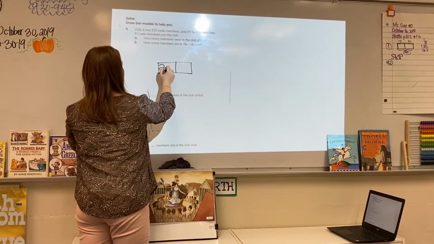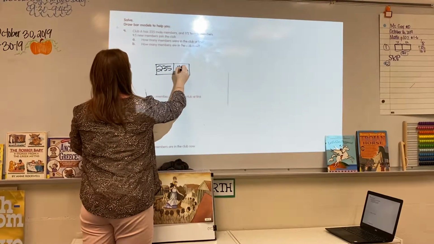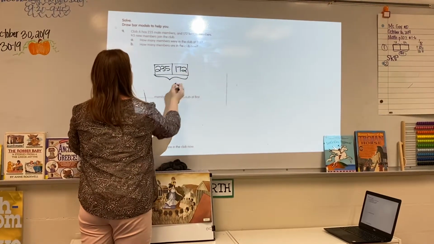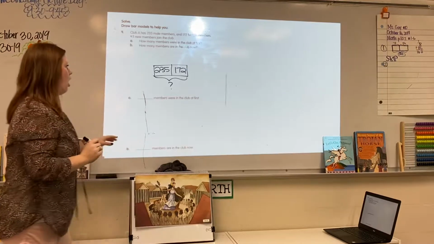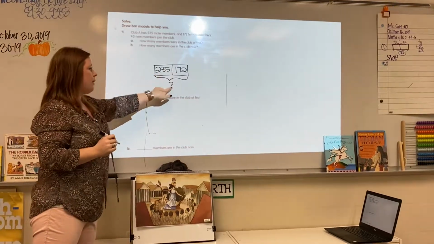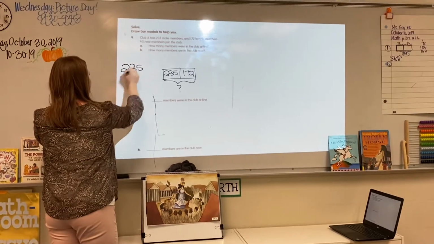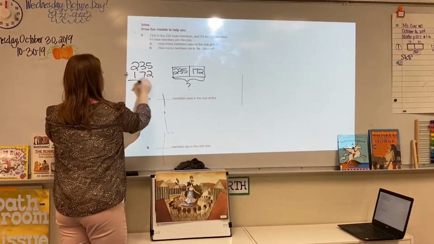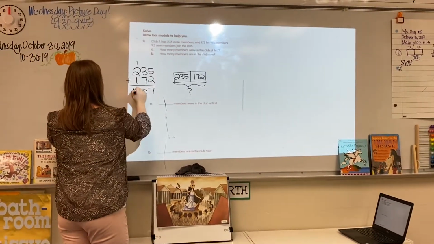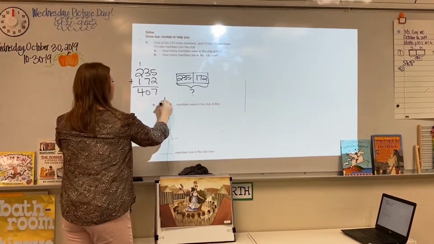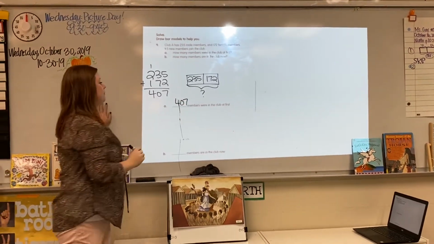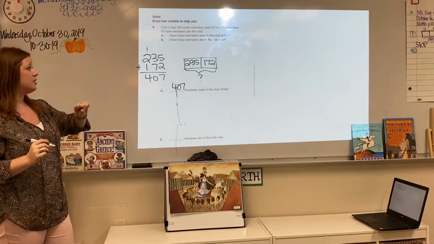I know that 235 are males, 172 are females. How many are in all? Because I know both of my parts and I'm missing my whole, I will add 235 plus 172 is 407. There are 407 members in the club at first.